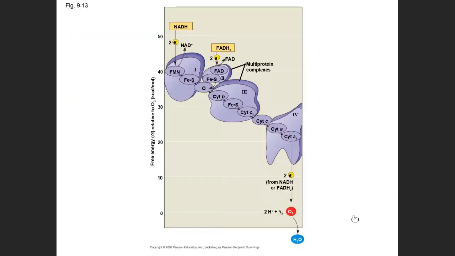So here we see an example of an electron transport chain. So we have our complexes. You don't need to know what they are. And NADH and FADH2 donate their electrons, but notice they donate them at 2 different locations in the electron transport chain. And that will result in different amounts of ATP being produced, as we will see.